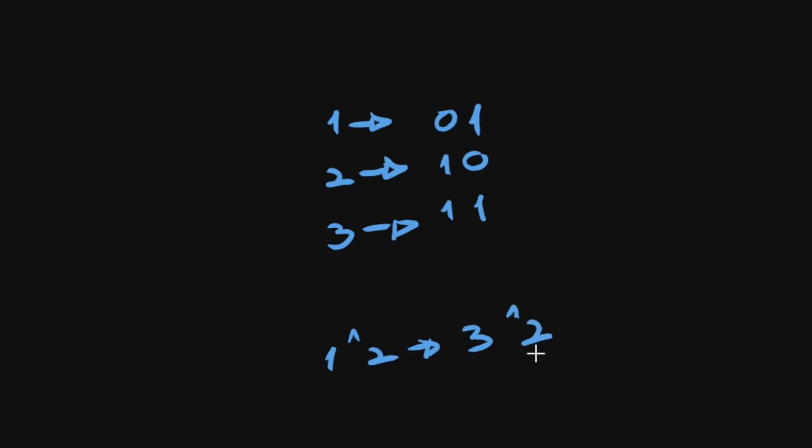We did it here, and we are using the same 2 here. Now 3 XOR 2 is 0, 1, because these bits are equal and these are different, and 0, 1 is 1, so the result for this is 1. So the first time we did XOR 2, the result was 3, and the second time we did XOR 2, the result was 1. So we started with a 1, we did 2 XOR 2s, and we ended with a 1.